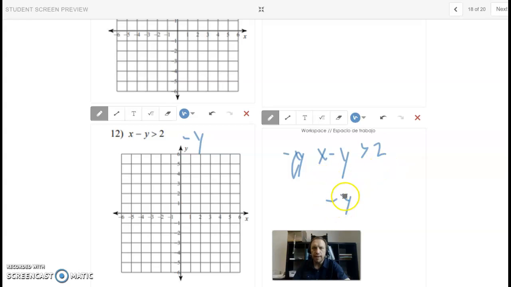Bring that x over, I get negative y is greater than 2 minus x. But when I multiply everything by a negative, the sign switches to y is less than x minus 2. So that graph would be at negative 2, a slope up 1 over 1, up 1 over 1, a dotted line like this, and we're going to graph below it.